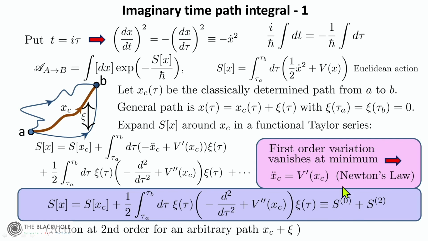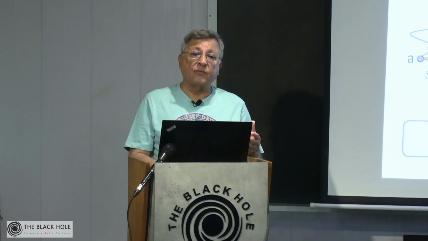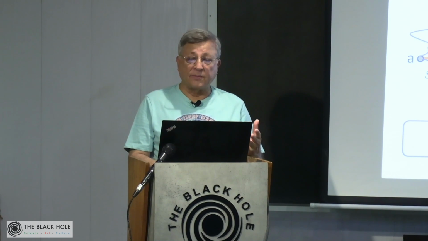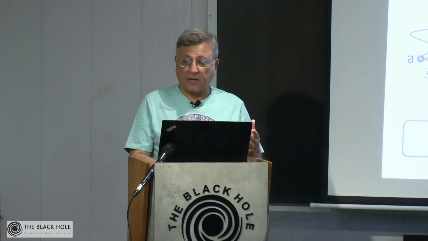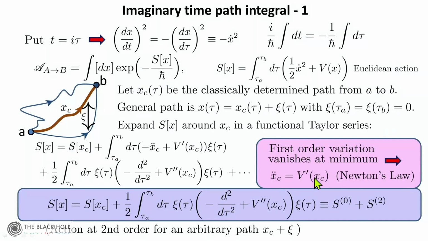And then we'll write this as S0 plus S2. S1 is missing because S1 equal to 0 was the condition that we used for determining the classical path.